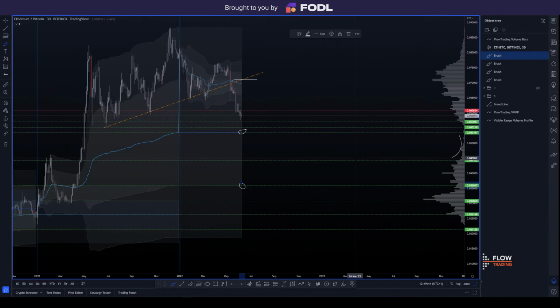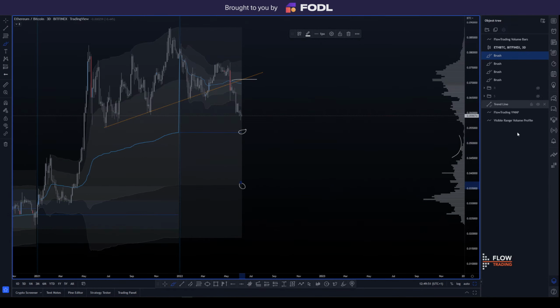So we'll have to wait and see. This would pretty much confirm that reflexivity theory, where we retrace this whole largely inefficient move all the way back down to about 40,000, 35,000 sats. So that's basically what I'm saying for Ethereum on a higher time frame.